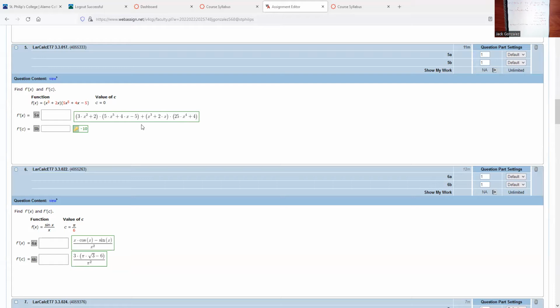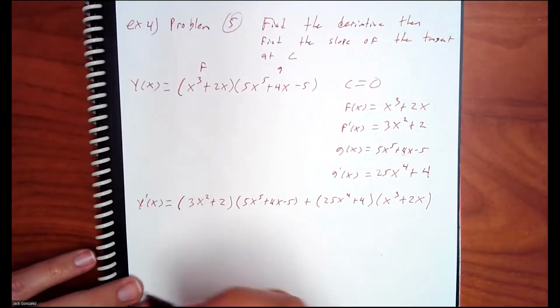But anyway, they also want to know the slope at C, right? Luckily it's 0. That's easy to plug in, right?